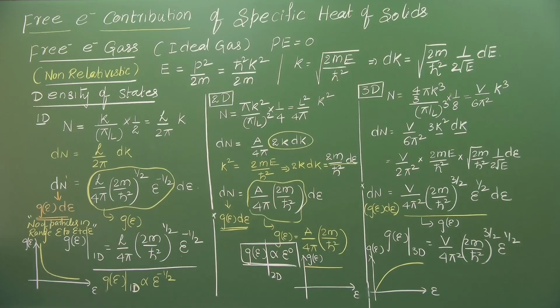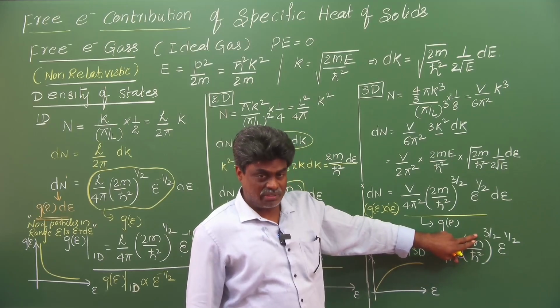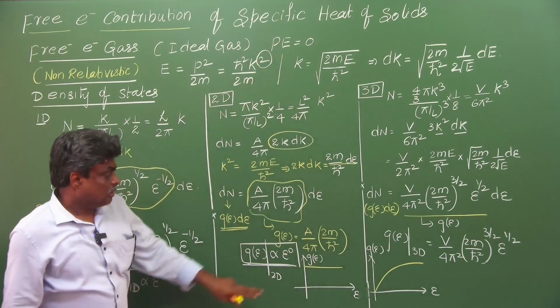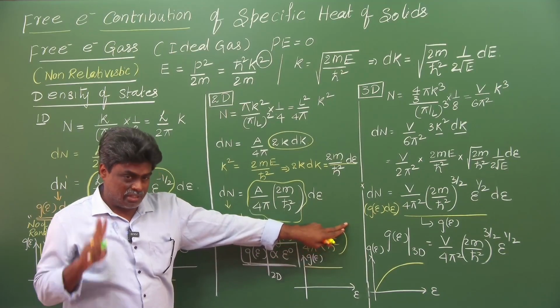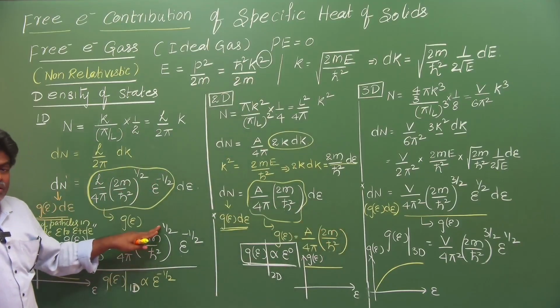In 2 dimension, 2m by h cross square whole power 2 by 2; in one dimension, 2m by h cross square whole power 1 by 2.